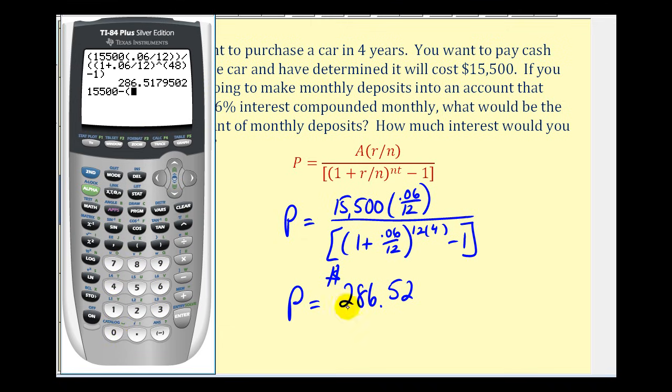Well, we deposited $286.52 every month. So that'll be times 12 for the number of months per year, times 4 for the number of years. So we would earn $1,747.04 in interest over this 4-year period.